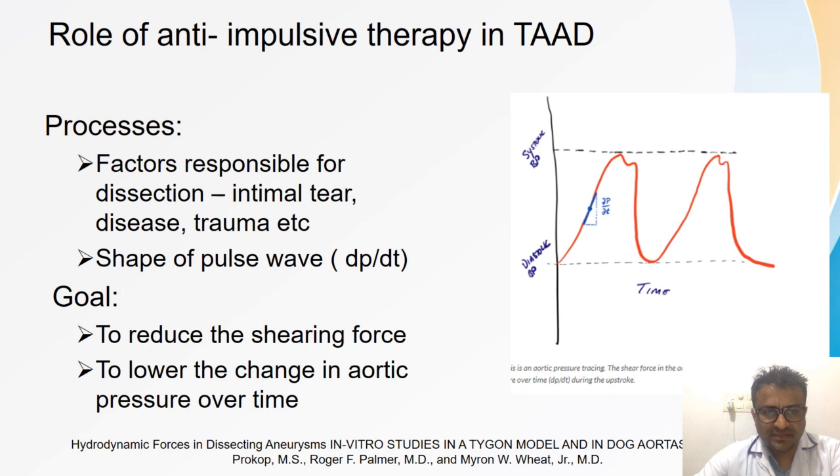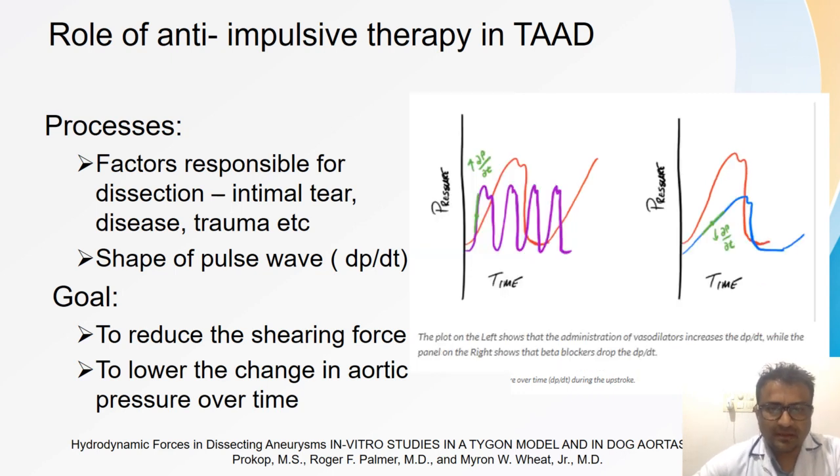Our goal should be to decrease the aortic pulse pressure, but only decreasing the aortic pressure will not be helpful, as you can see in the other image.